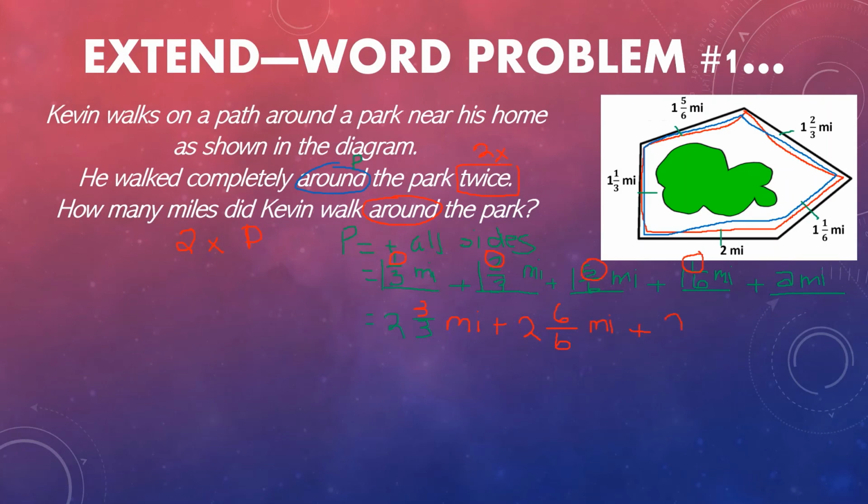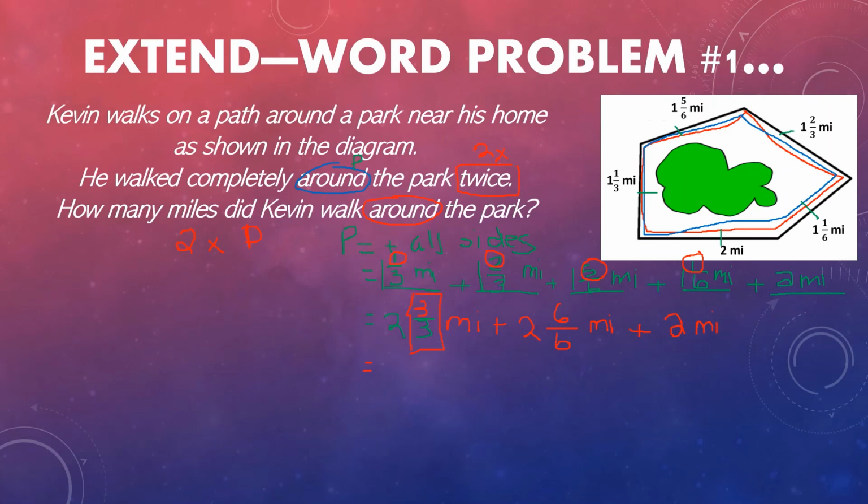Now I'm going to just bring down the 2 miles because it was just a number on its own. But it's a whole number, so that's easy. Right here, you can continue to work this as addition of fractions, but I wouldn't. I would actually try to look creatively to see what I can do with these fractions to make my life a lot easier. And as you notice, we have 3 over 3.